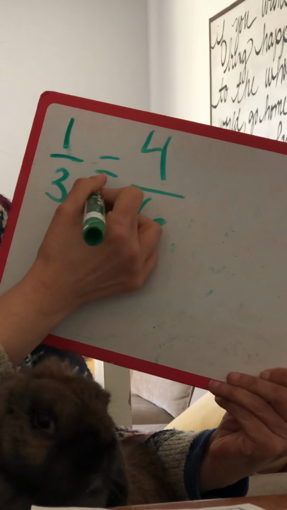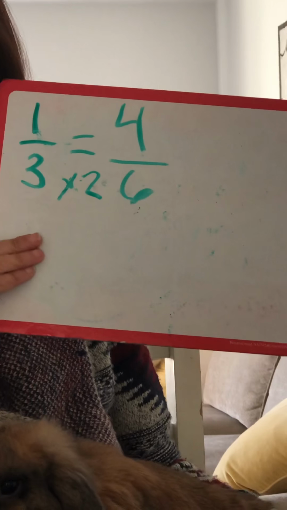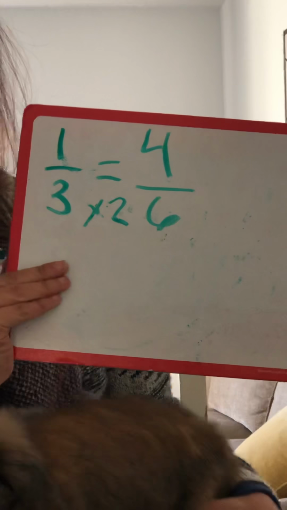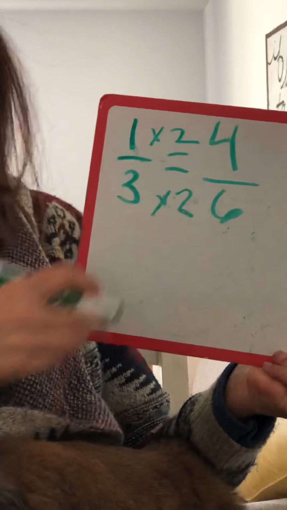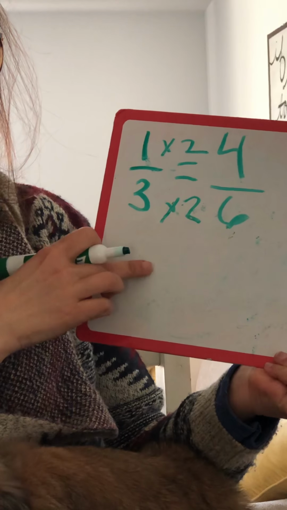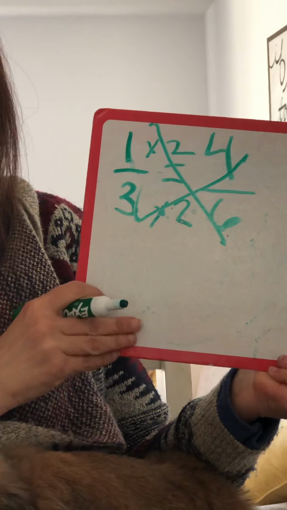Well, 3 times 2 is 6, right? And so for whatever we do for the denominator, we then also need to do for the numerator. So we would ask ourselves, is 1 times 2 4? No, it's not. Actually, 1 times 2 is 2. So 4/6 is not an equivalent fraction.